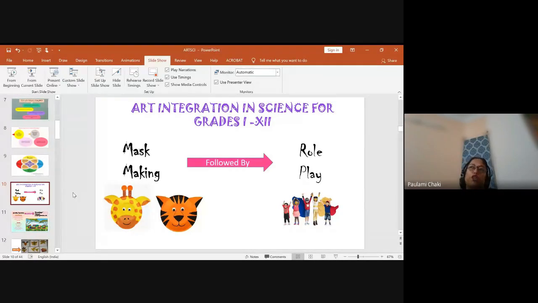I said, I will give you just 1 minute where you are going to do role play, and let me see what you want to be. If you are a plant, which part do you want to be? And thus a very beautiful session was organized. Then I included this as one of the activities later on, because the CCE pattern was there at that time and it happened to be a huge success.